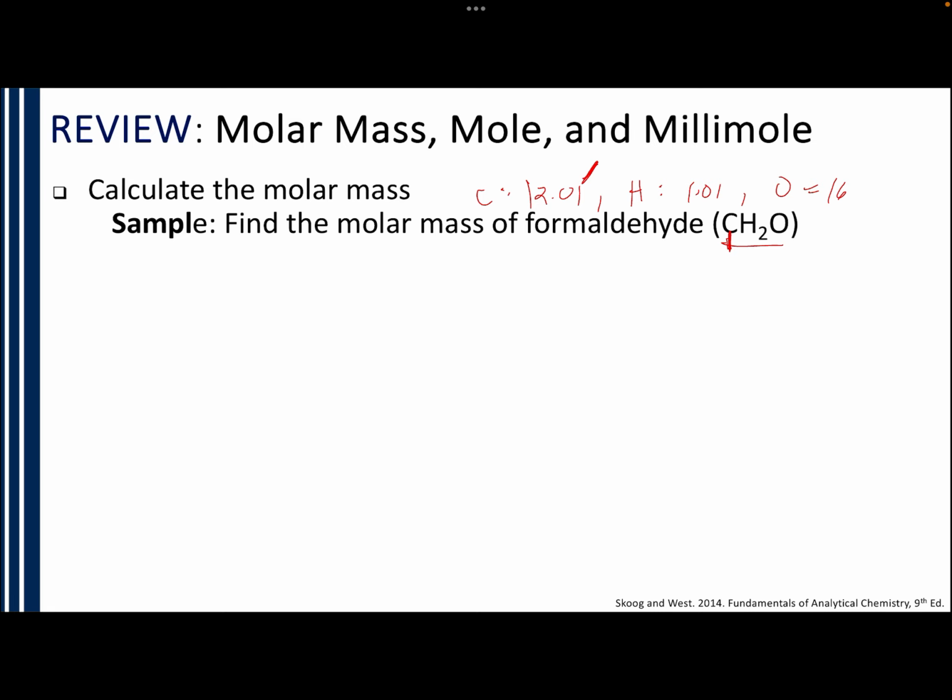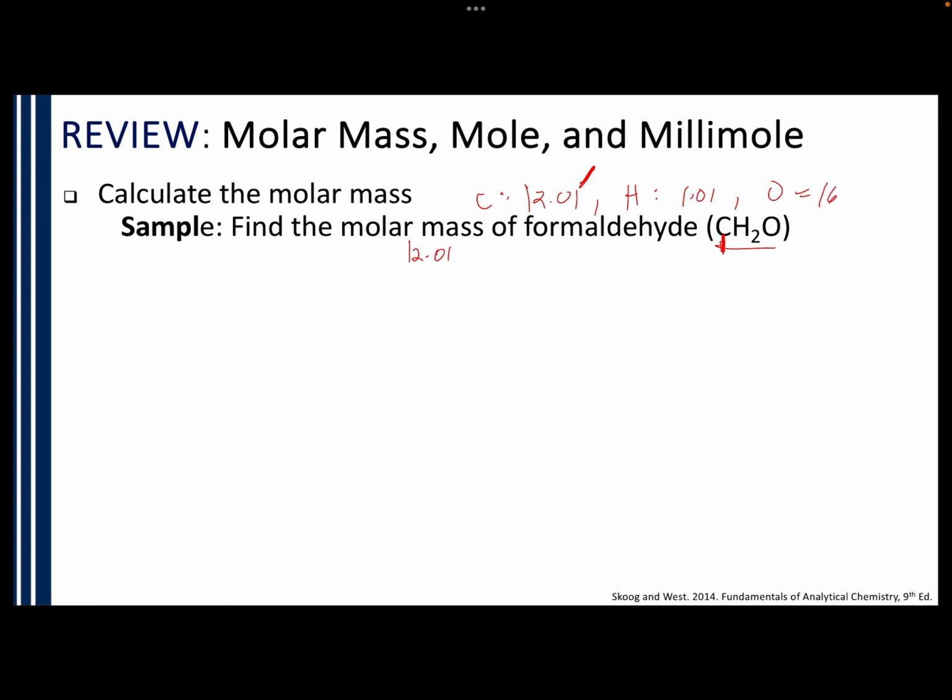So we have one C, so 12.01, plus our hydrogen, which is two, so 2 times 1.01, and then we have one oxygen, 16. So when we add them all, we get 30.0 grams per mole. So for molar mass, we use the unit gram per mole.